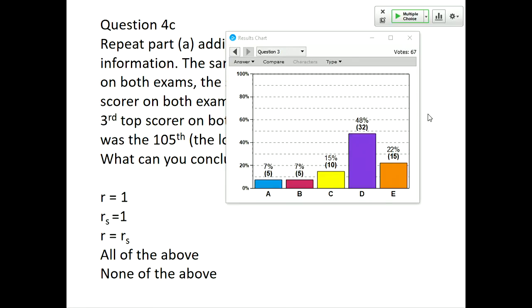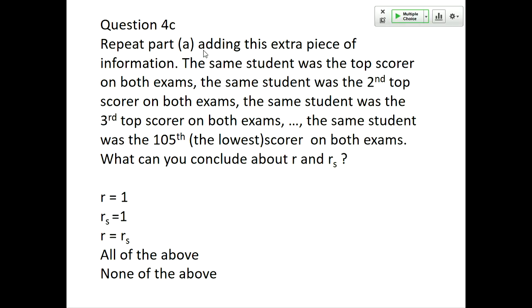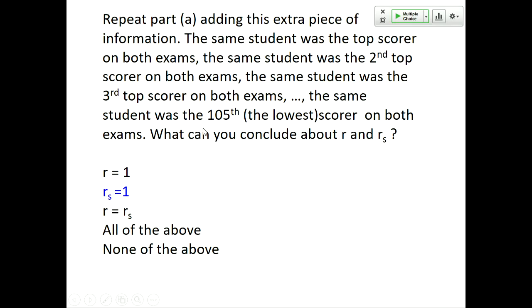All of the above. Okay, let's look at this. The answer is just that the Spearman rank correlation is 1. Now look, we didn't say normal. Repeat part A. We don't know that they're normally distributed. And so your answer is just that the Spearman rank correlation is equal to 1.